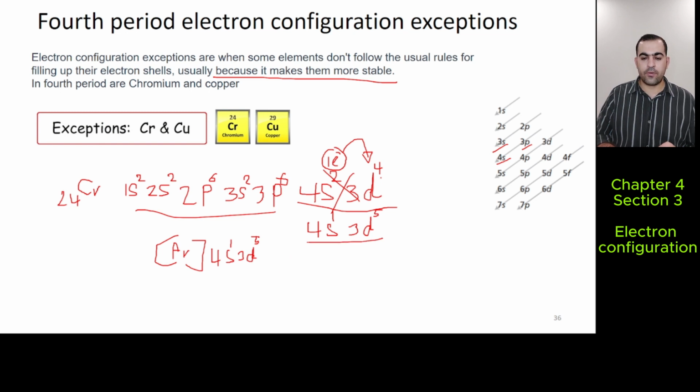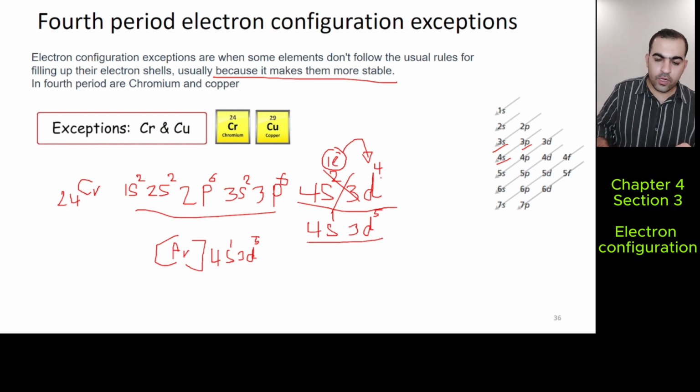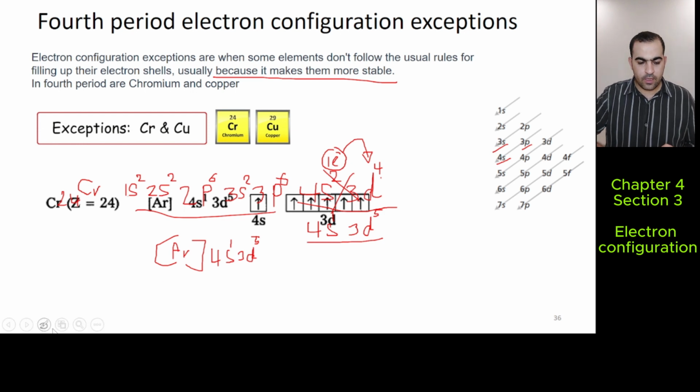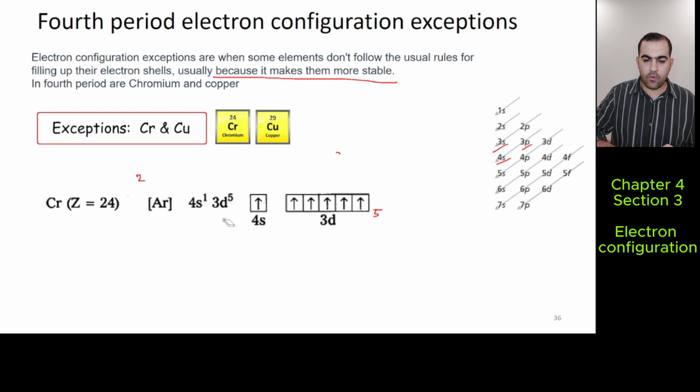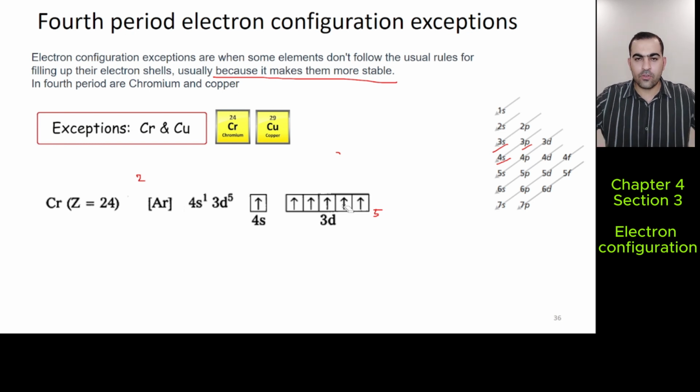Okay, here, another one, look. Let me erase this. This is for chromium. One electron from s has moved to 3d to be half filled, and it makes the chromium atom more stable.